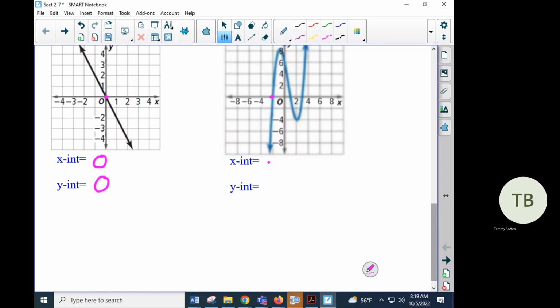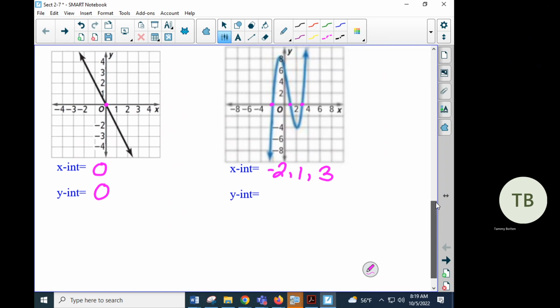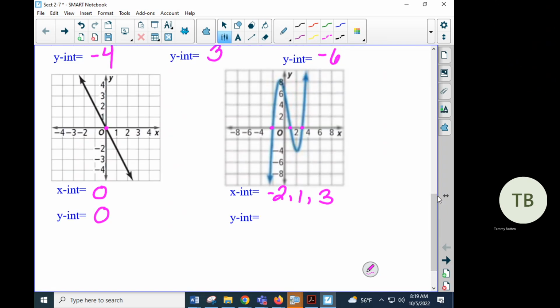So that would be -2. This one, it's probably hard to see on yours, but it looks like it's halfway between 0 and 2. So I'd say that's at 1. And then this one here looks halfway between 2 and 4. So that would be at 3. Okay. And then the y-intercept on this, you want to look at where this line crosses your y-axis, which I would say is right there at y = 6.